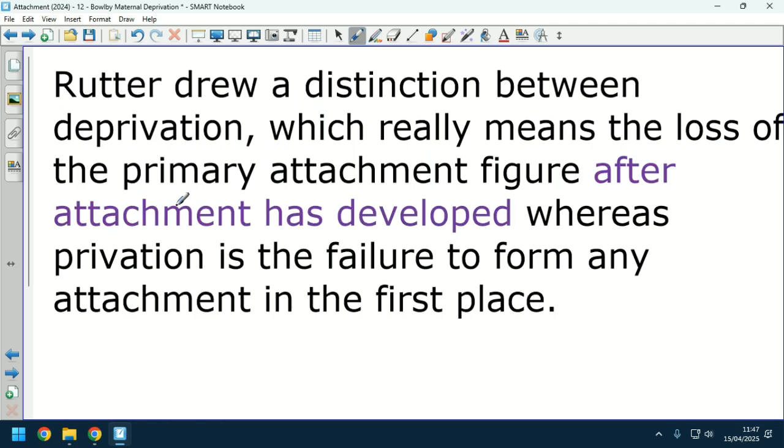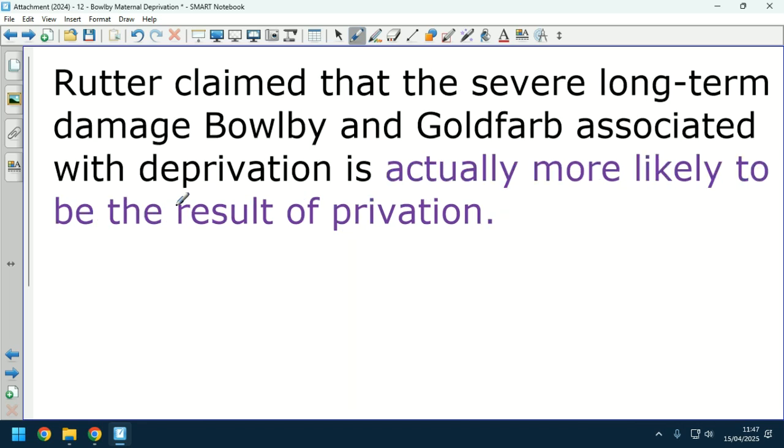Okay, so Rutter said that there's a difference between the two, that maybe having the absence of a primary attachment figure is possibly where the damage occurred in Bowlby's research. So maybe the absence of an attachment figure is what Bowlby's deprivation hypothesis is all about.